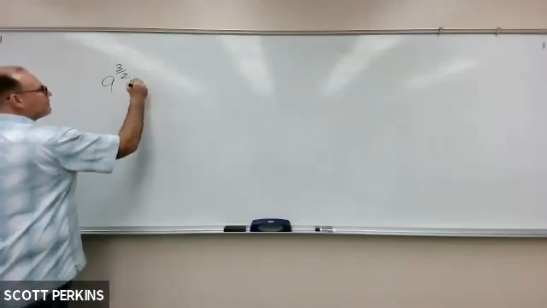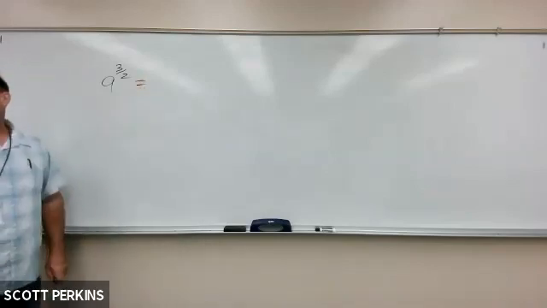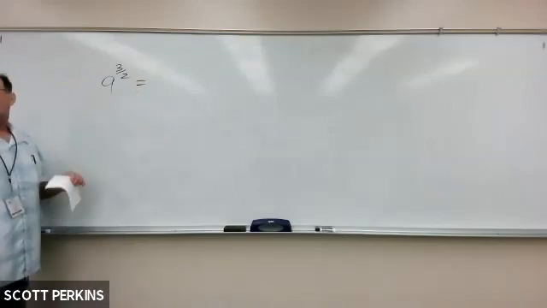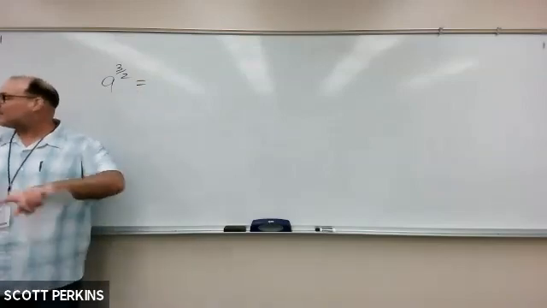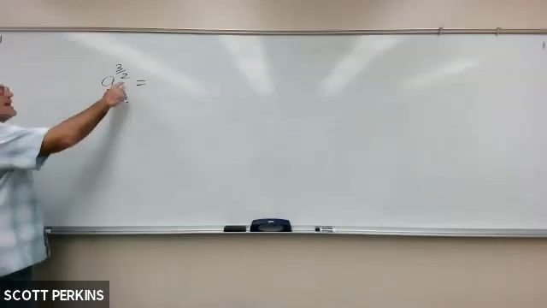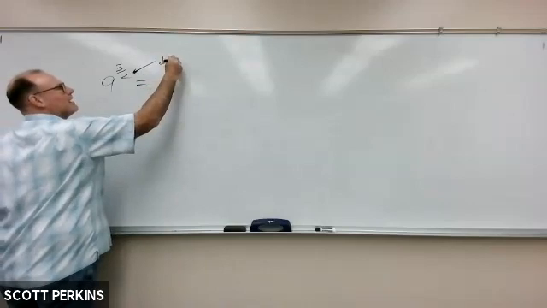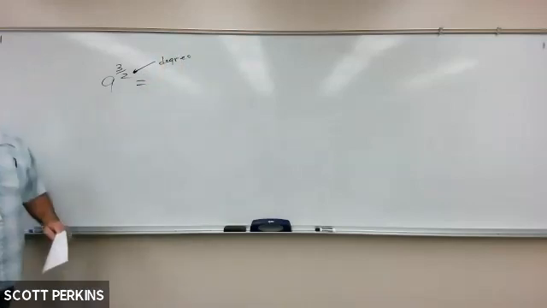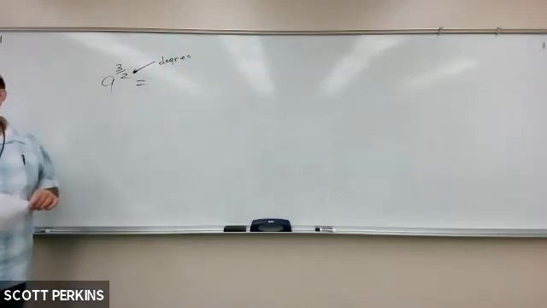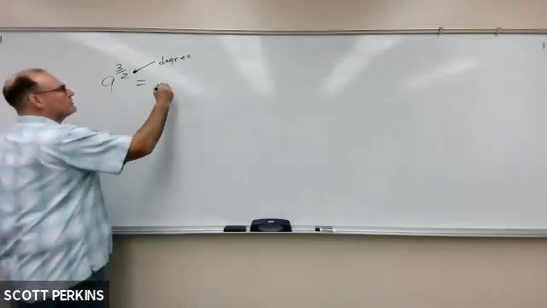All right, 9 to the 3/2 power. Okay, well, let's look at this then. I told you previously, and it still holds, that whatever the denominator of the fraction is, this is the degree of the radical. So this is still going to be a square root.